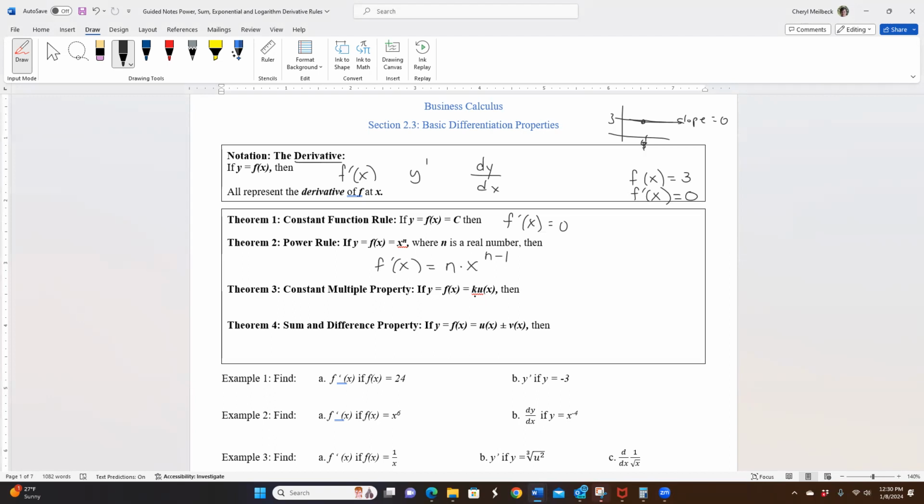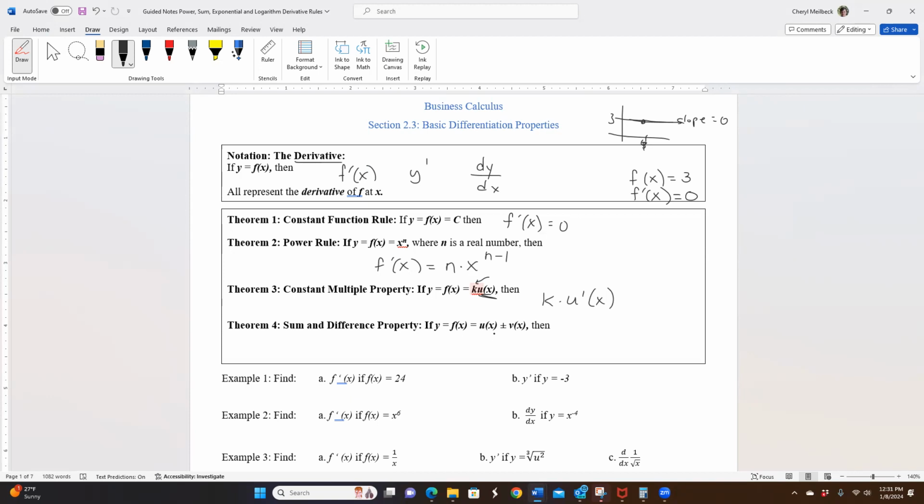The constant multiple property says that if you want to take the derivative of f of x, and f of x is just some number k times u of x, which is your function, the derivative will just be k times u prime of x. So you just take that constant number times the derivative of the function.